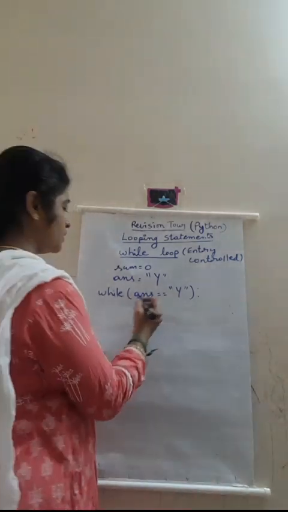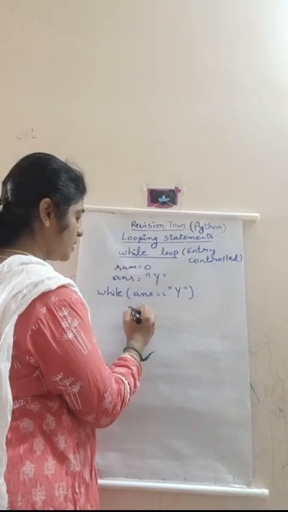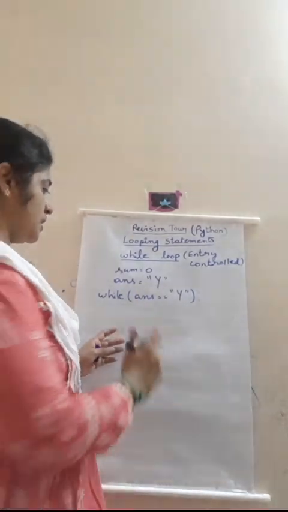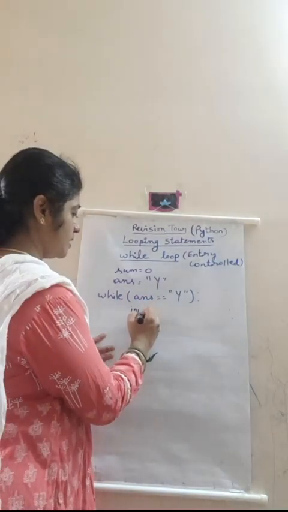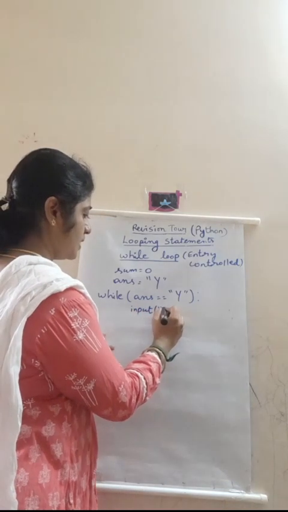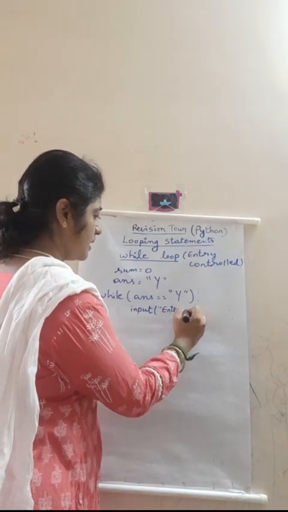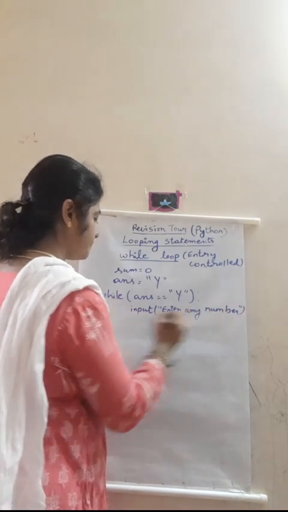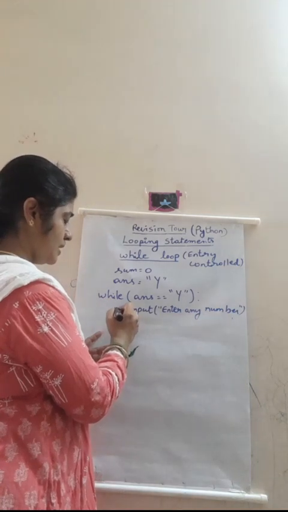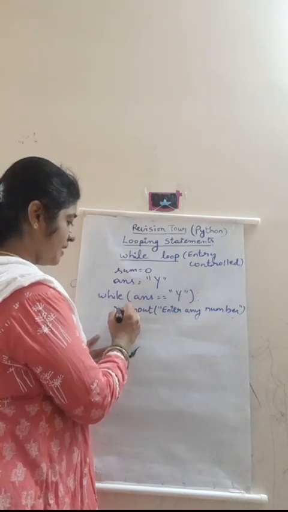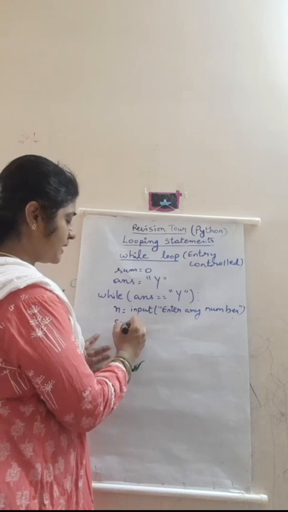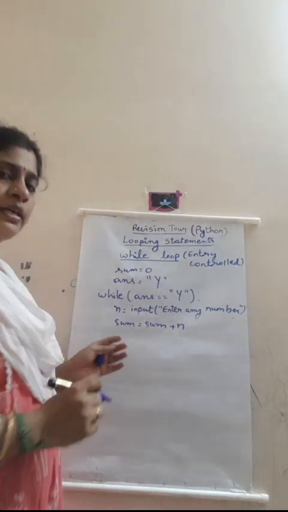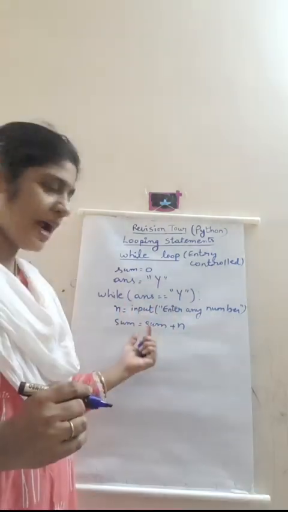Now you take from the user, sorry, you use input, enter any number, and that you store in n, and then sum is equal to sum plus n. So you are taking a number from the user and you are adding it to the sum.